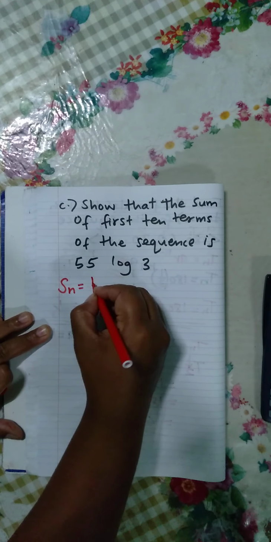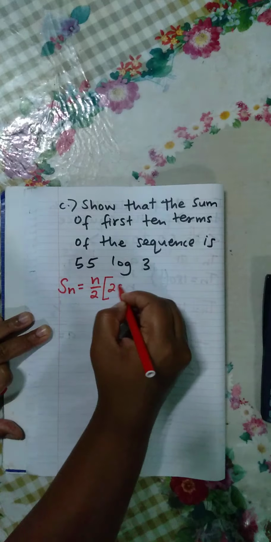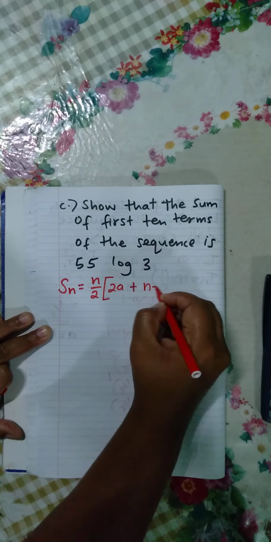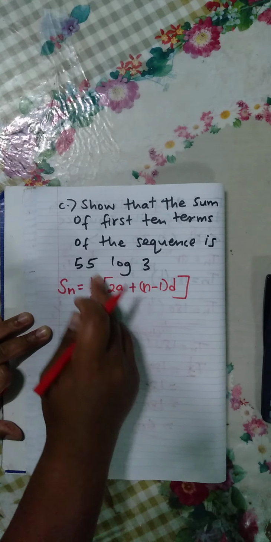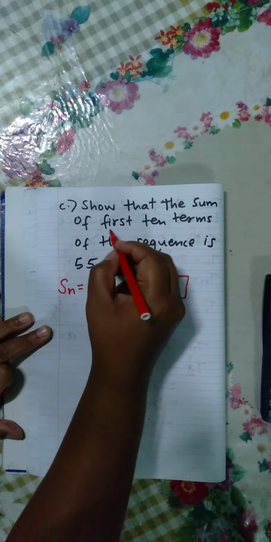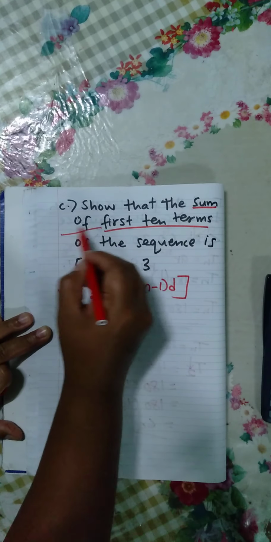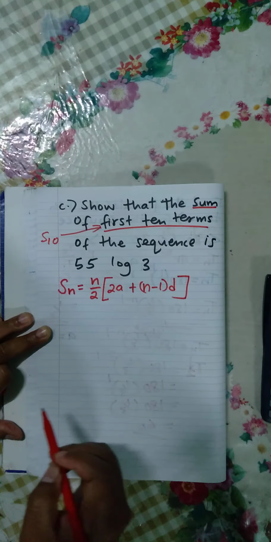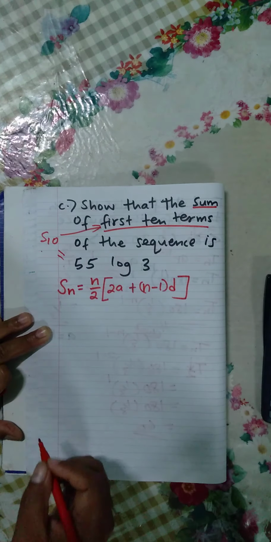Sn equals n over 2, then (2a plus (n minus 1) d). Show that the sum of the first 10 terms, so n is 10, and the answer should be equal to 55 log 3.